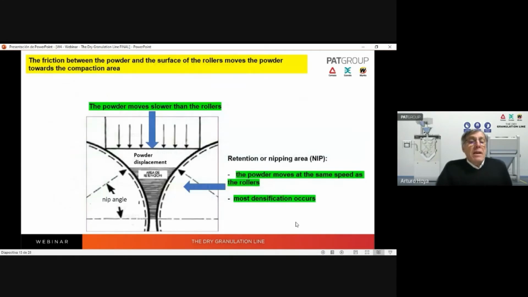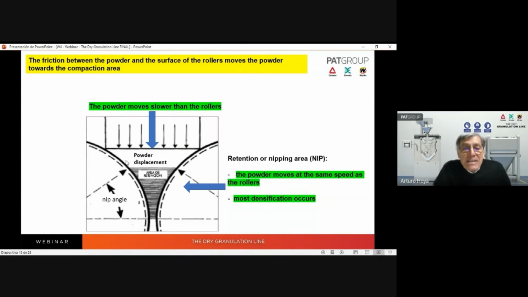Well, here we want to show you the friction between the powder and the surface of the roller that moves the powder toward the compaction area. Let's see the powder from the hopper and the screw that moves the powder slower than the roller, and in this area begins the friction of the powder with the surface of the rolls.